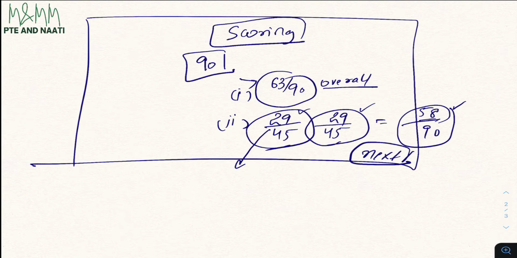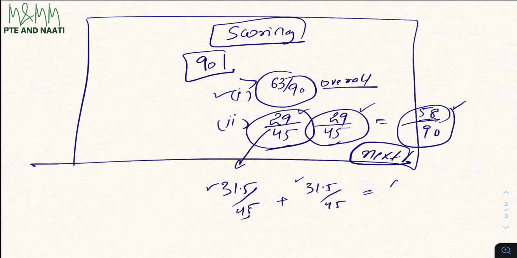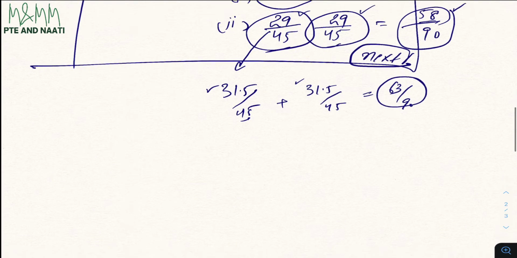That means even though they say 29, we still need a bit more than 29 out of 45 in order to satisfy our first condition as well. There are many scenarios like this. You can either get 31.5 in both of these dialogues, so that minimum you have 29 or above, and overall you're getting 63 out of 90.